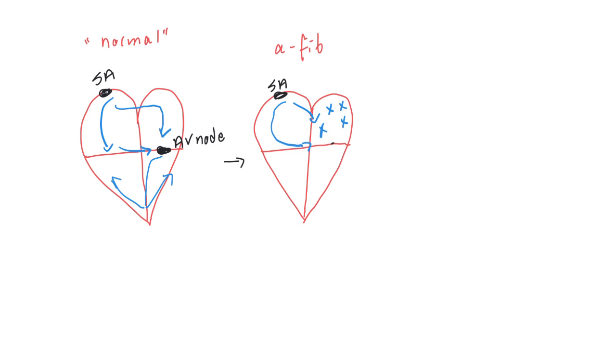When those firings are happening, they hit the AV node again and again and again, and maybe some impulses from the SA node are getting through and hitting the AV node, but the AV node basically is just constantly being stimulated. It's constantly being hit with electricity. When it's constantly hit with electricity, it constantly fires electricity down through the ventricles.